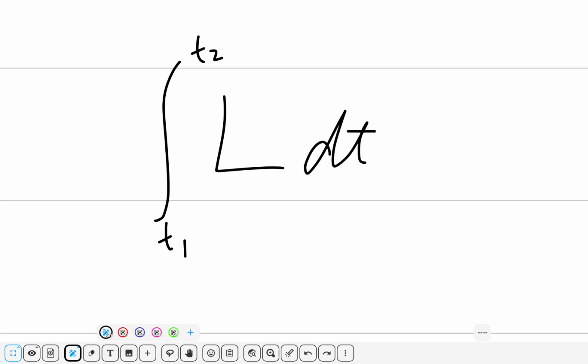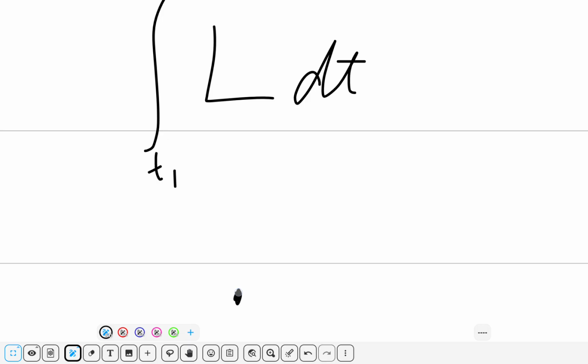I have to minimize this thing called action, and to minimize this, I have to find a path which minimizes it.